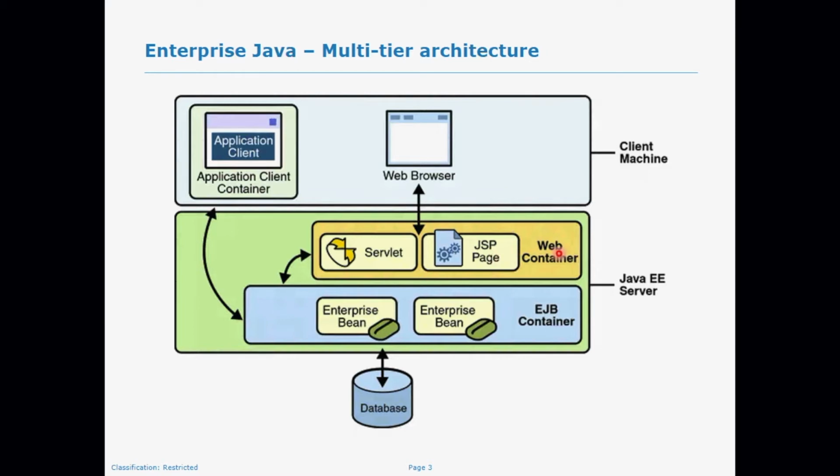Your web container, which has your servlet and JSP applications, is responsible for the presentation logic, whereas your EJB container, which has your EJBs, is responsible for interacting with the database and processing all that data.